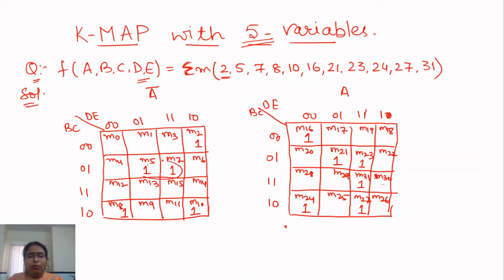So this will form a quad. This and this form a quad, right? So this is how we will do the mapping in this case. Similarly, see, these three are like here, this one is here, this one is here.